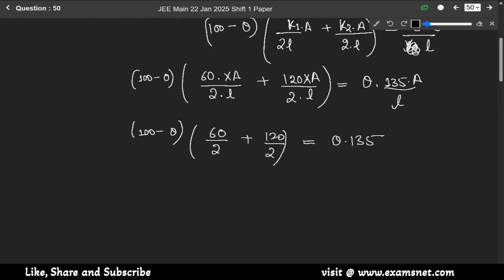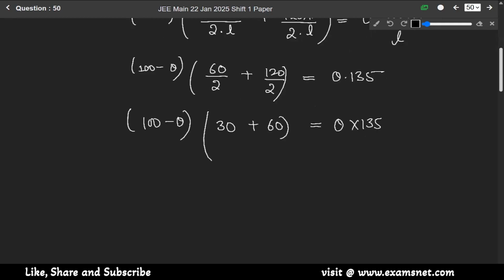So this will become 100 minus theta into 30 plus 60, which is 90, equal to theta into 135. So 100 minus theta into 90 equals theta into 135.